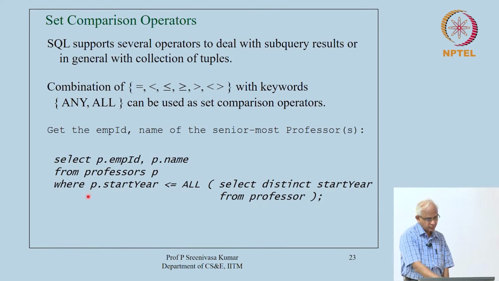So, select from professor P where P.start year is less than or equal to all, select distinct start years from professors. So, this professor is different from that professor. This is another instance of the professor.